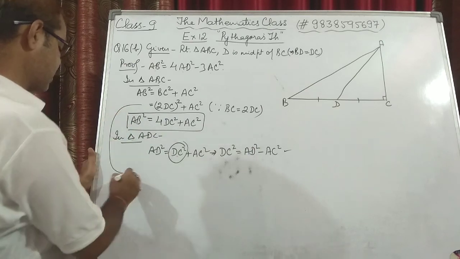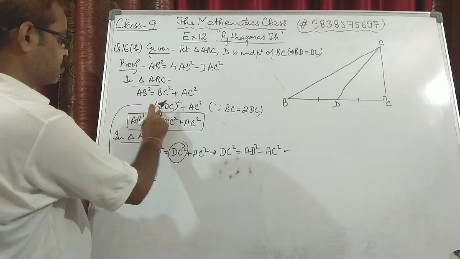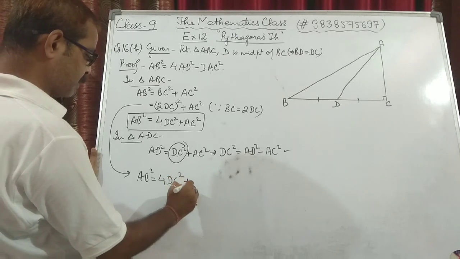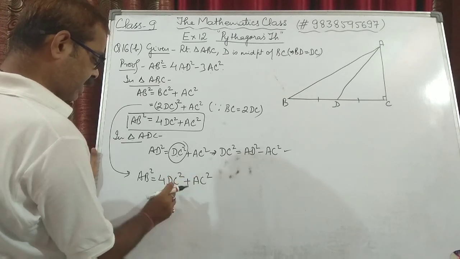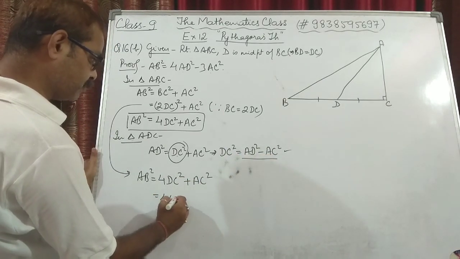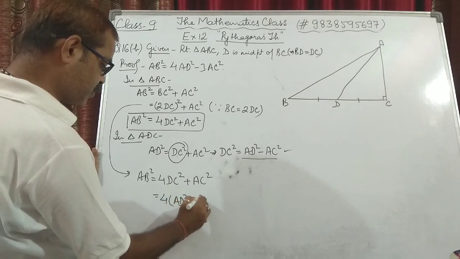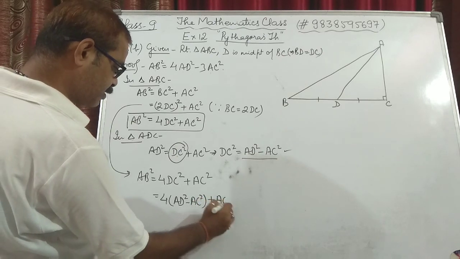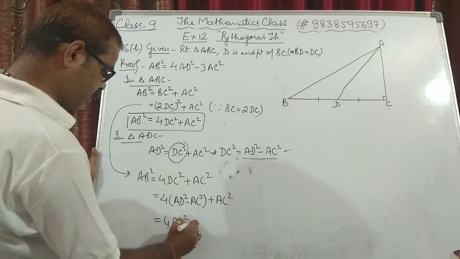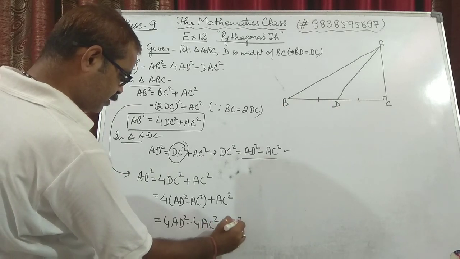Means from this we can say AB square is equal to 2 times of DC whole square will be 4 times of DC square plus AC square. In place of DC square we can put AD square minus AC square. So 4 times of AD square minus AC square plus AC square. When you open the bracket, you will get 4 times of AD square minus 4 times of AC square plus AC square.